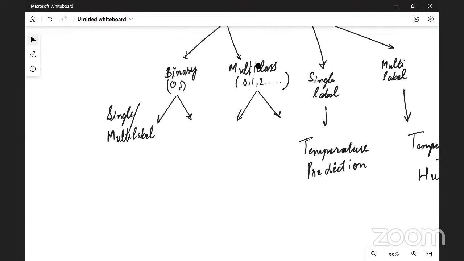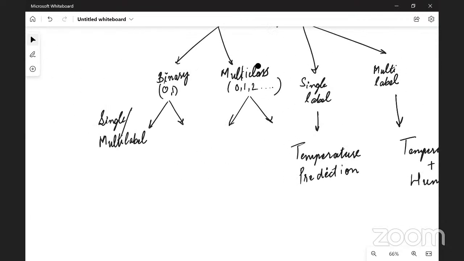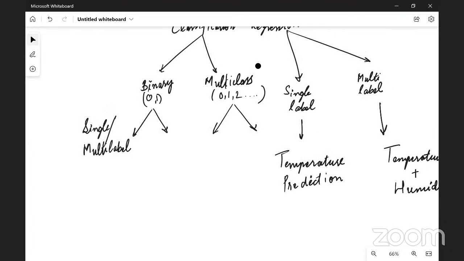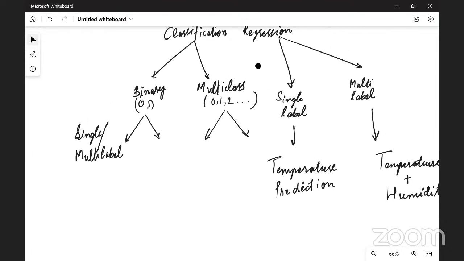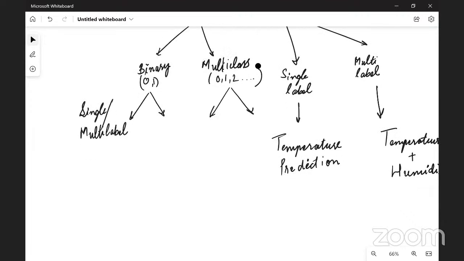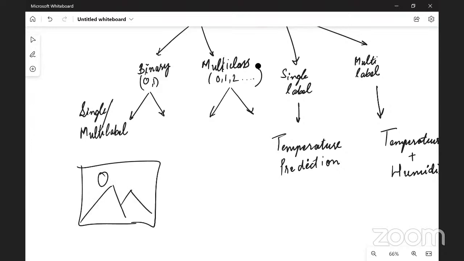Sure, sure. So as somebody from the student group just mentioned, a multi-label example could be there's a picture, right? And in that picture, forgive my drawing, you want to identify whether there is sun or not.